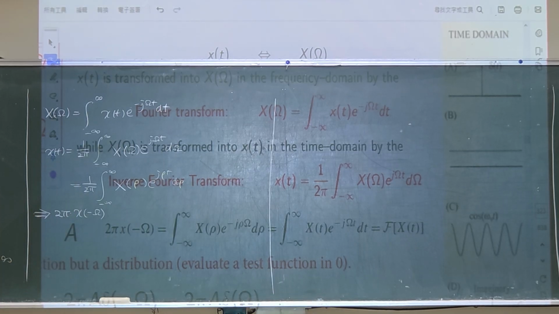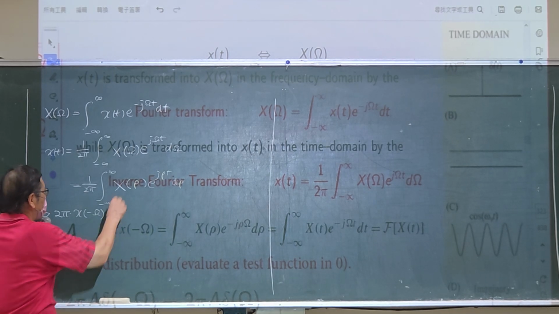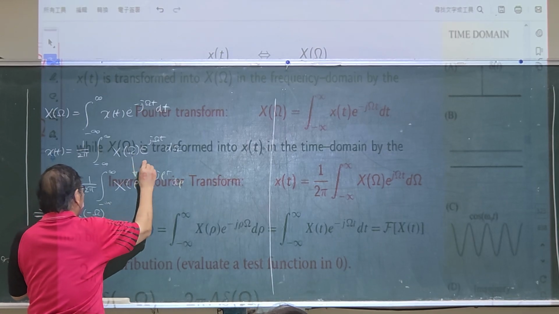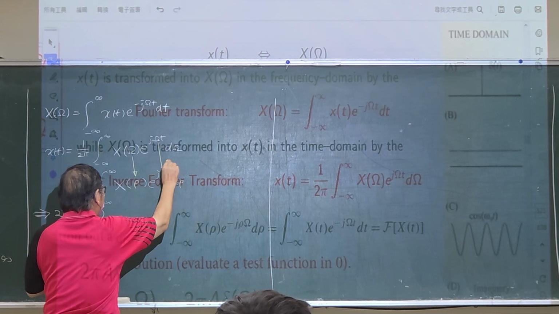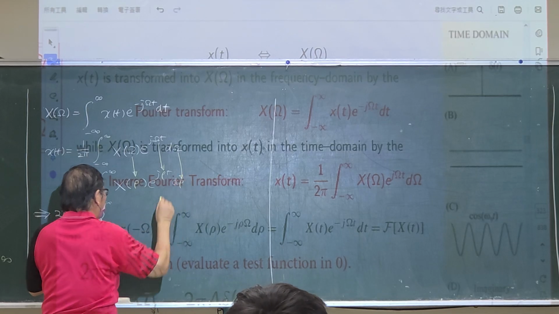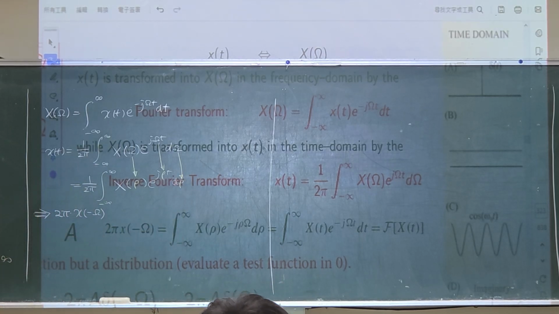So now the omega, the frequency, is replaced by another variable, say rho.